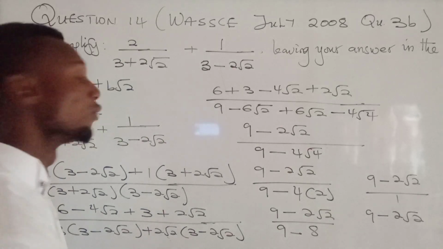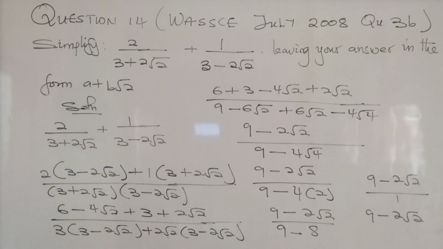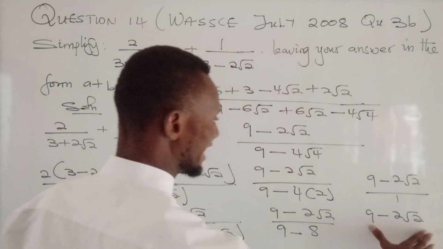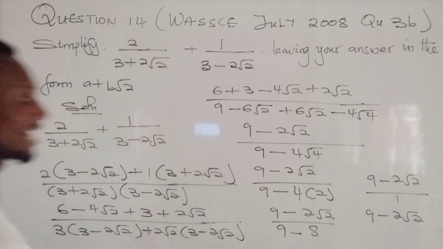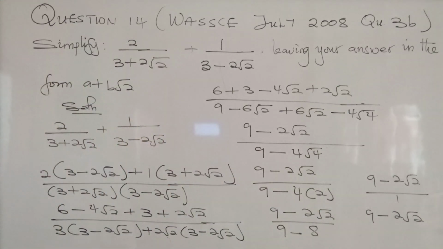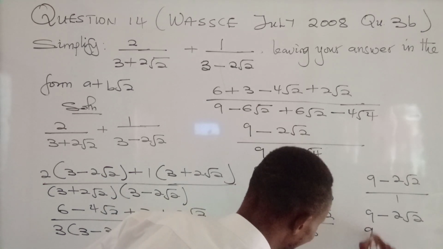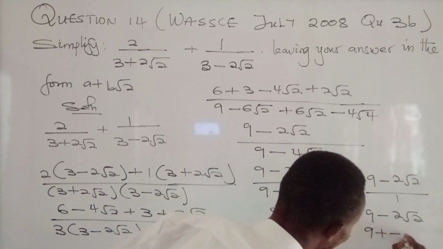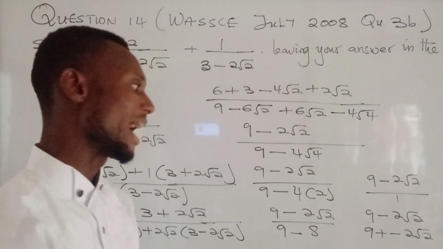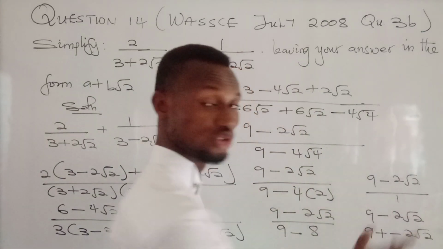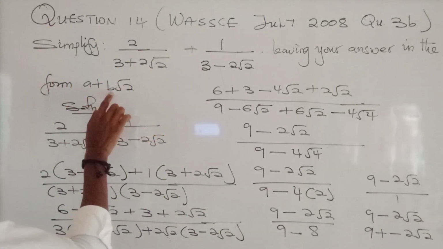But it says that we should leave it in this form, a plus b root 2. So we need to write this one in a way where we will have the positive sign in. So we are going to write it as 9 plus minus 2 root 2, which is the same as the 9 minus 2 root 2. We are just trying to leave our answer in the form a plus b root 2.